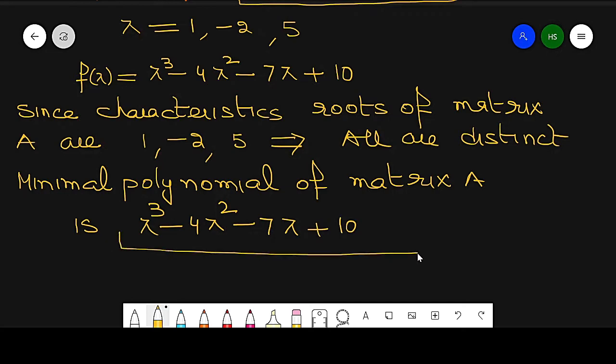So this is the minimal polynomial. Why? Because the roots are distinct. So this is the minimal polynomial of the given matrix.